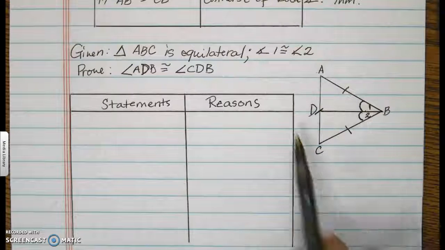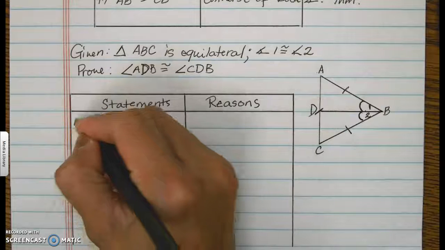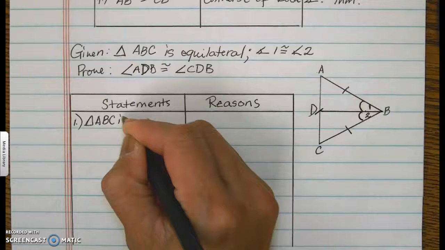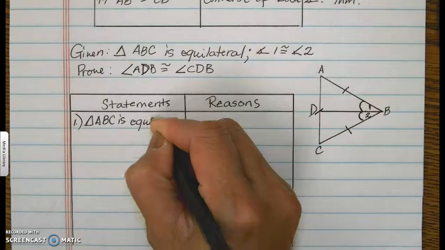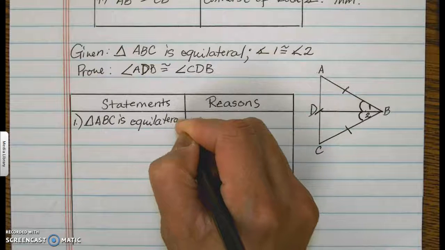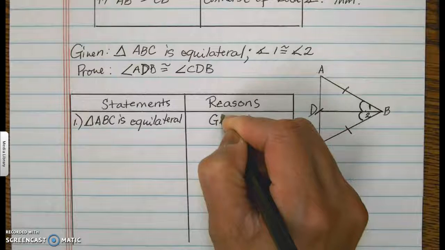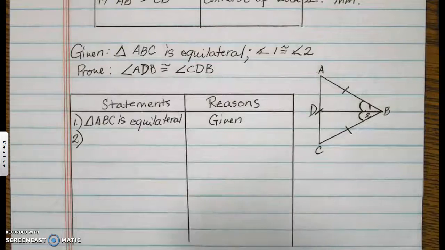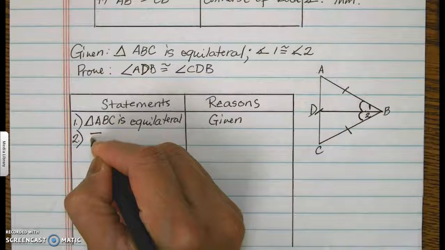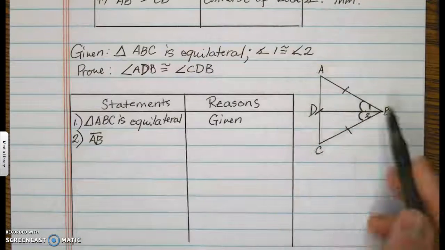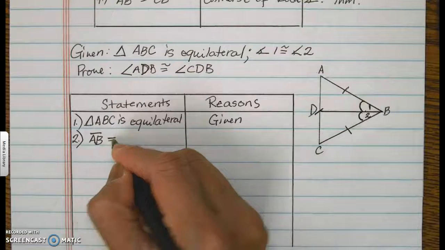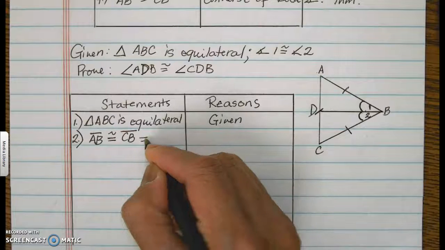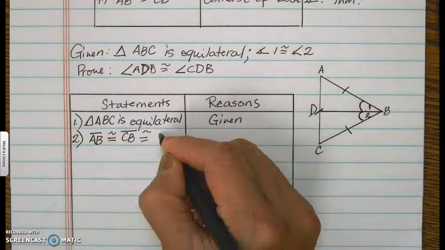So let's begin with the given. Let me put triangle ABC is equilateral, and that is given. With that said, my second statement is going to be AB, which is this, is congruent to CB and is congruent to AC.